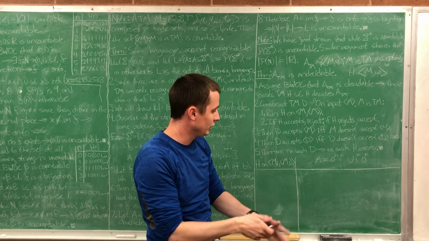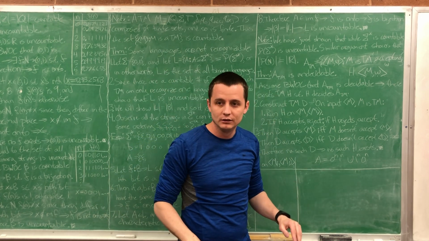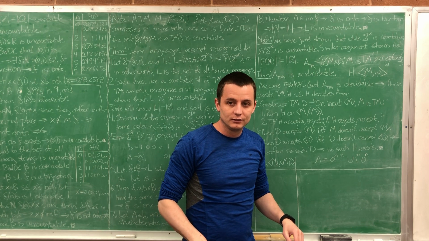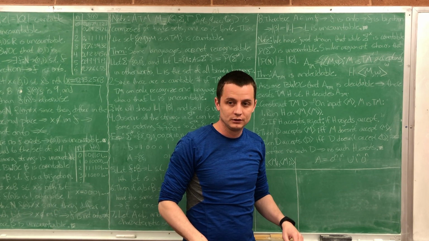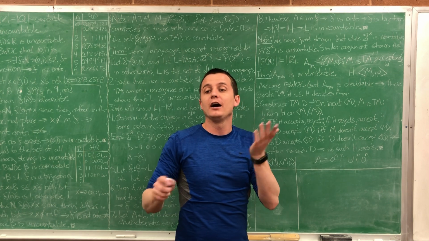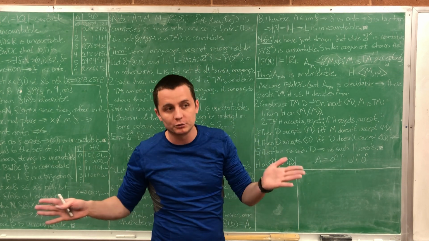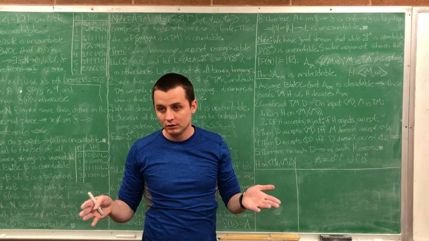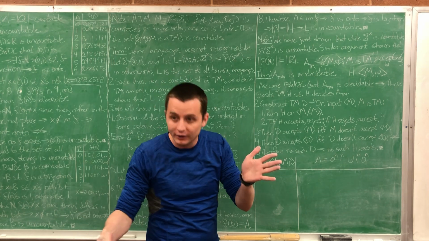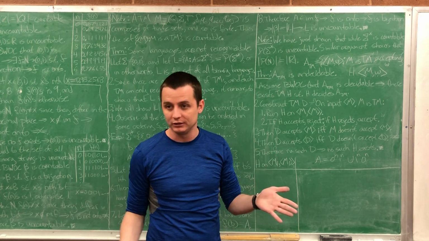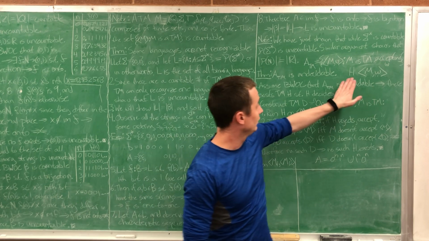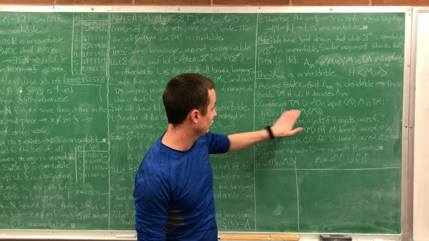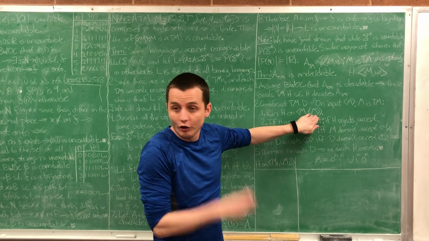Think about it: every Turing machine can be converted to a binary. Think about a Turing machine as a piece of software you run on your computer. It can be converted to a binary file that the computer runs, which is just a bunch of zeros and ones. So D is going to give H the Turing machine M and all those zeros and ones.